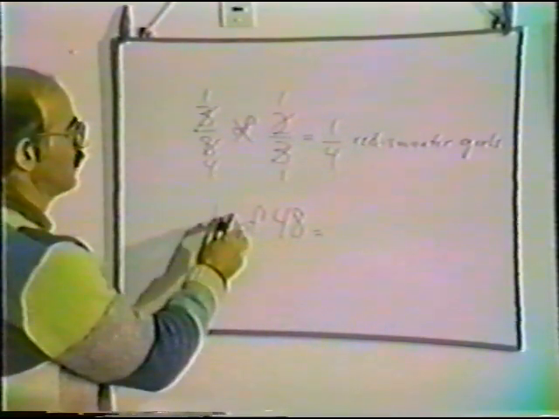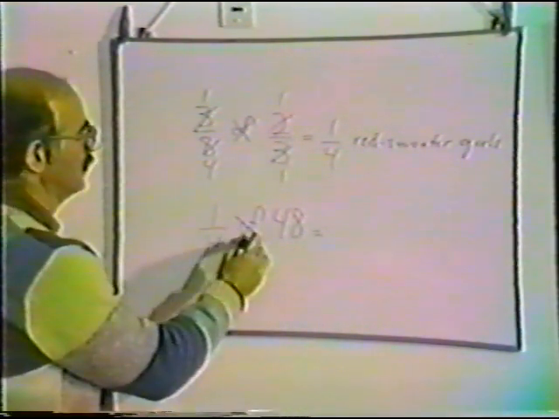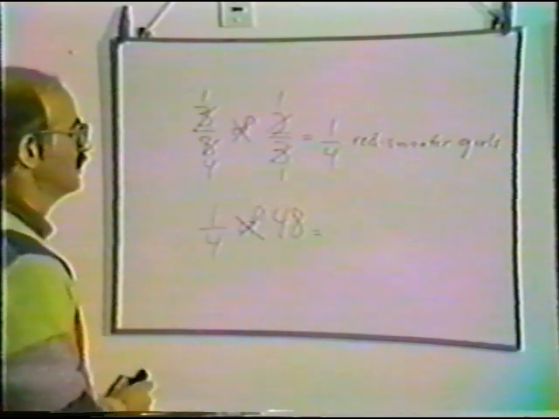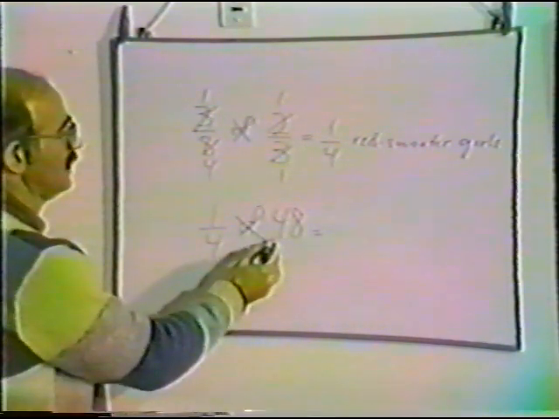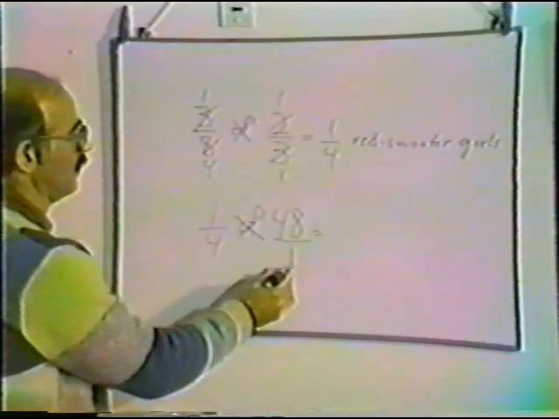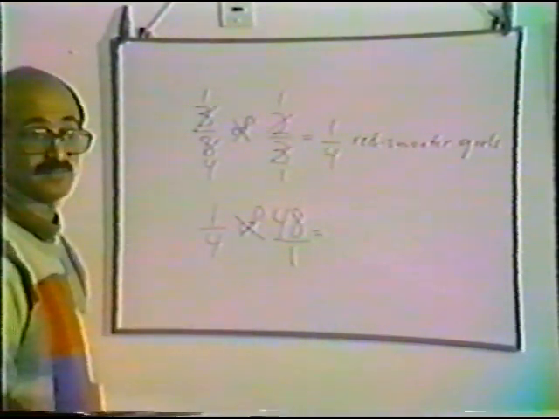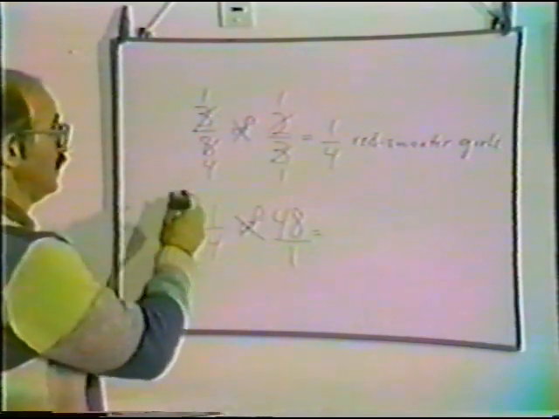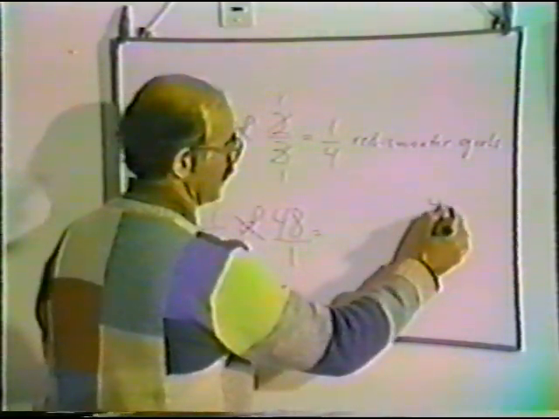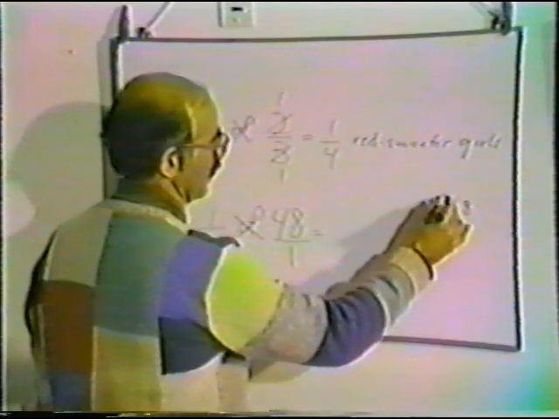Of means what? Multiply. The 48 goes over 1. Can I cancel 4 and 48? Yes. Let's see if 4 will divide evenly into 48.